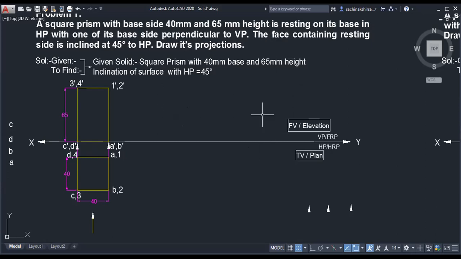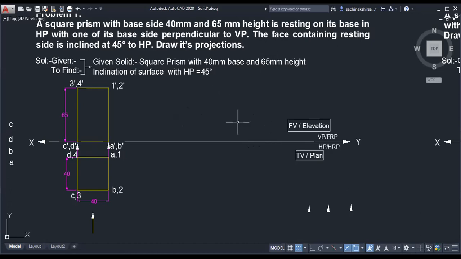Side or face? Observe the second sentence carefully. Read the second sentence very carefully. The face containing the resting side is inclined at 45 to HP. It is the inclination of the face.